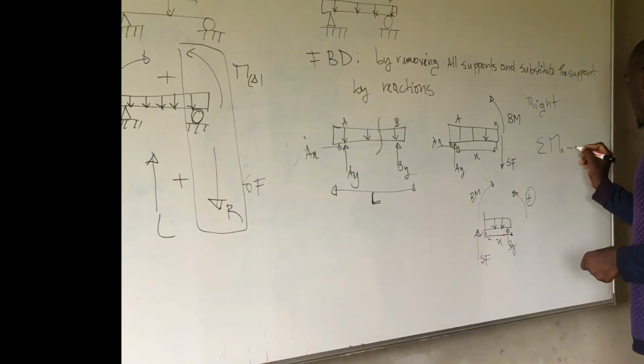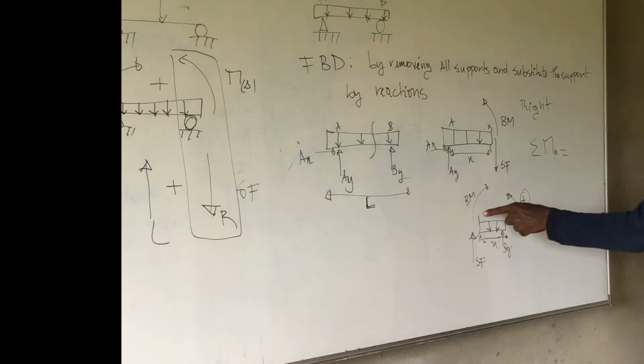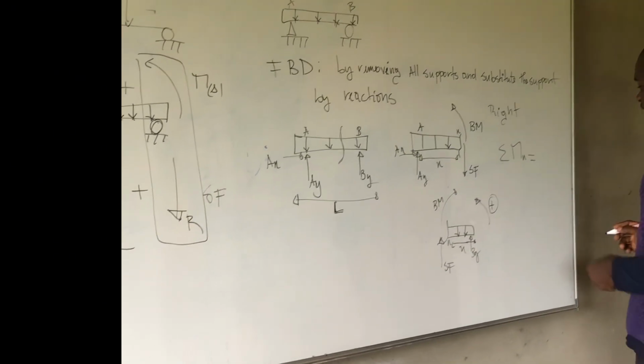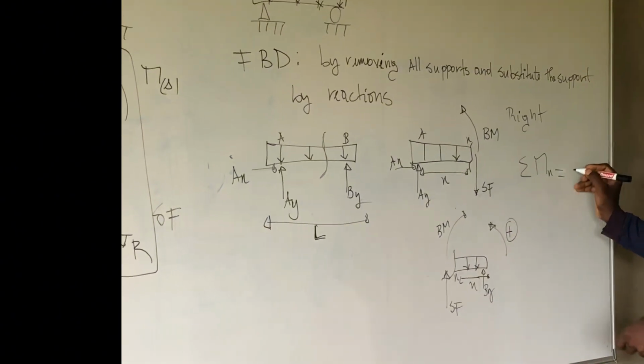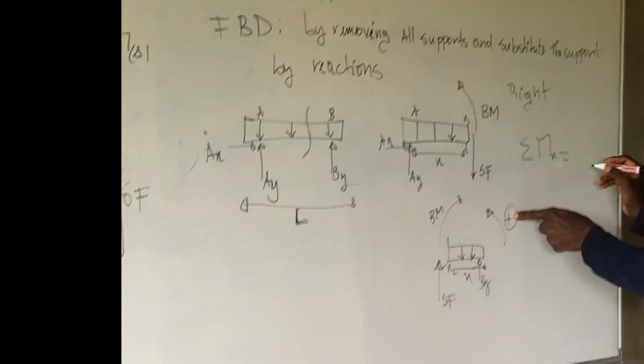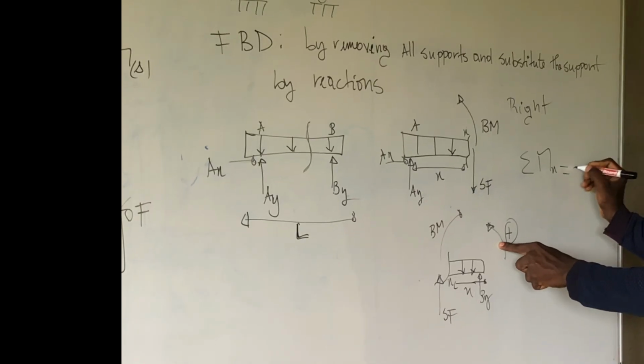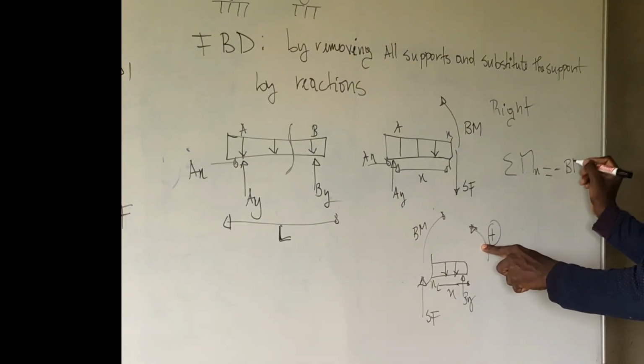Let me say that I'm analyzing the moment along the x-axis. Then what do I have at that moment? I'll have my bending moment that is opposite to the direction of my sign convention. So I'll have a negative bending moment.